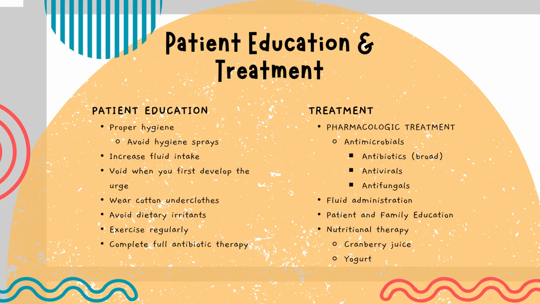If they are on an antibiotic, that they're doing the full course of the antibiotics and not stopping. Making sure we encourage that when they do have to utilize the restroom and void, that they go as soon as they feel that urge, as opposed to holding on and retaining that urine. Especially for females, making sure that they wear cotton underclothes.